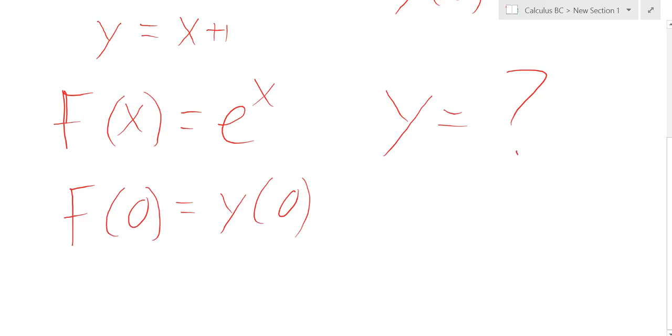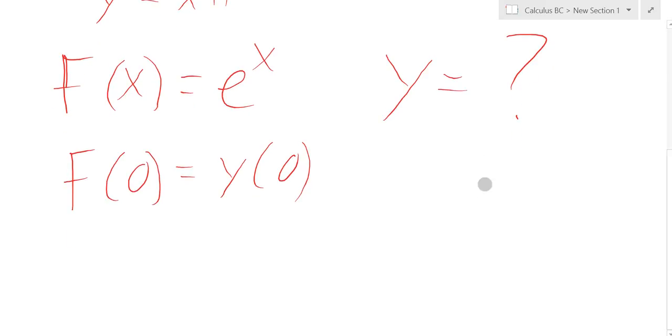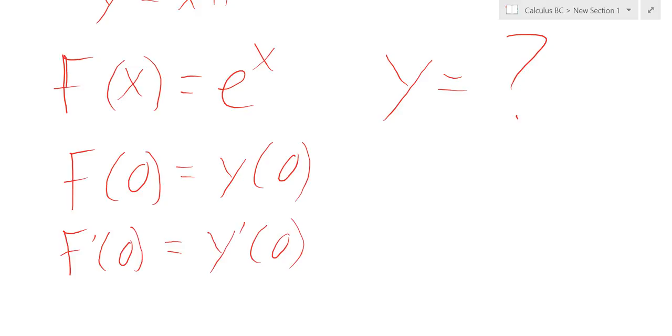They both have to be 1, right? And I wanted the slopes to be the same there, which means I needed f prime of 0 to equal y prime of 0, true? And then from that, I just built the equation that had the same slope and the same point, and that's what gave us that similarity between them, okay?